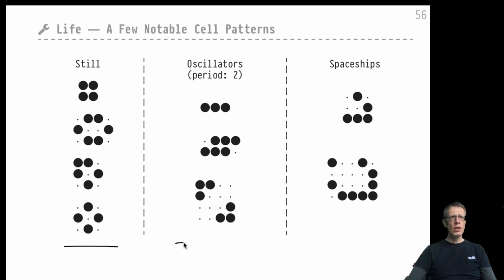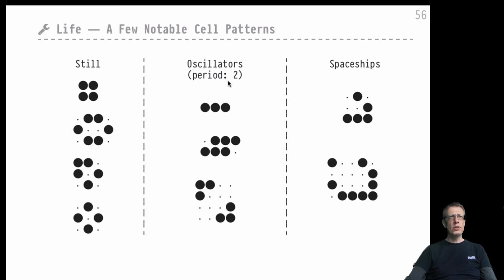There are other patterns which are much more dynamic. These patterns oscillate, so they switch between two possible states between adjacent generations. This, for example, is a so-called rotor that is horizontal in this particular generation, but will be vertical in the next generation, only to return to its horizontal state in the generation after, and so forth. All of these are oscillators of period 2, so they come back to their original state after 2 generations.